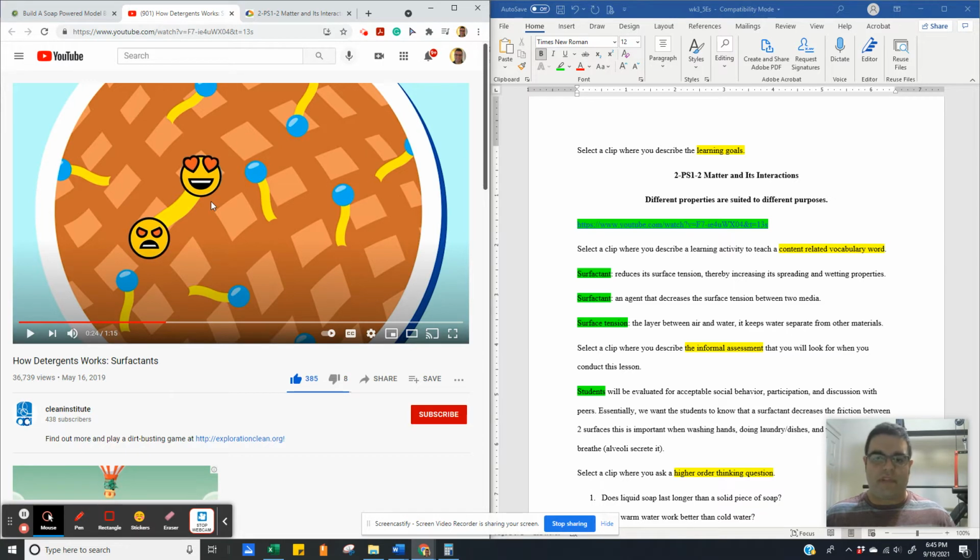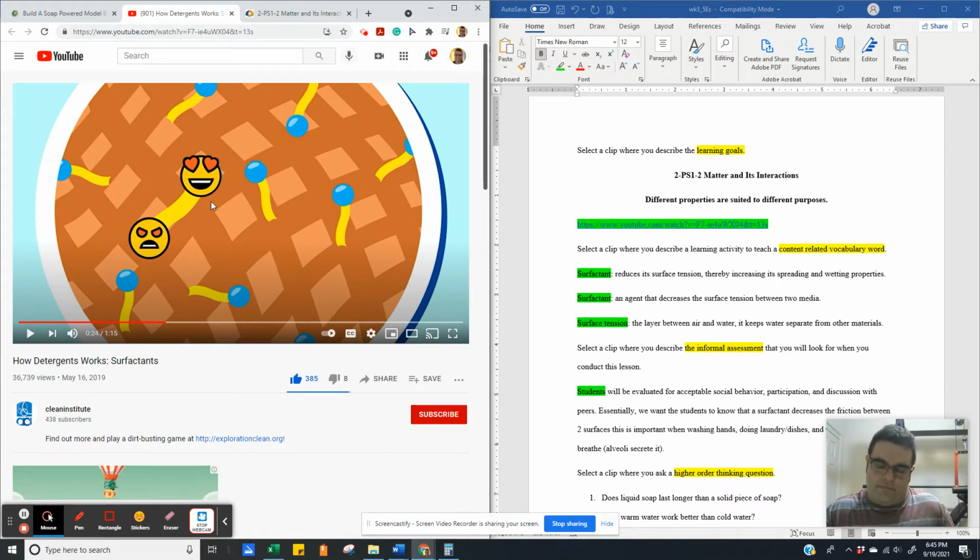So we have dirty laundry with some kind of dirt on it, and the surfactant's hydrophobic sides attach to the dirt, while the hydrophilic sides stay attached to the water, and together this helps lift off the dirt from the laundry.